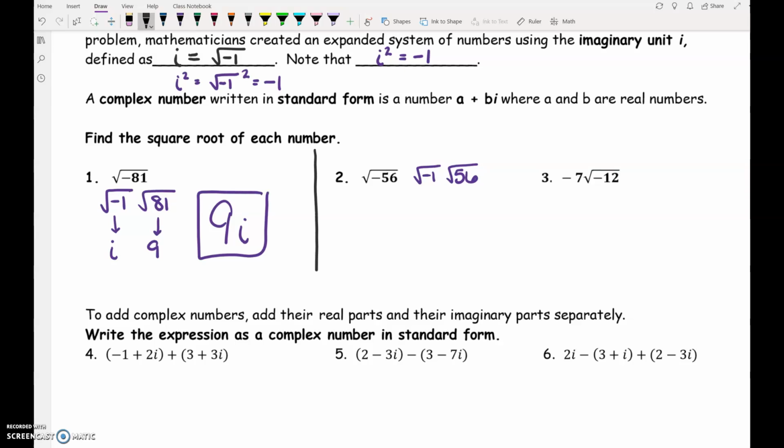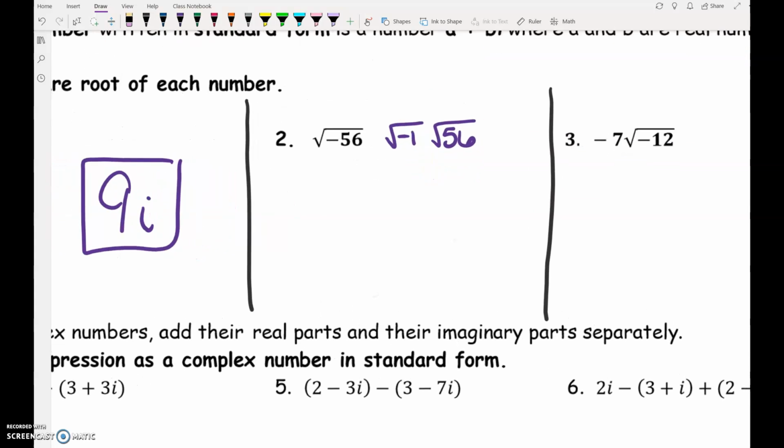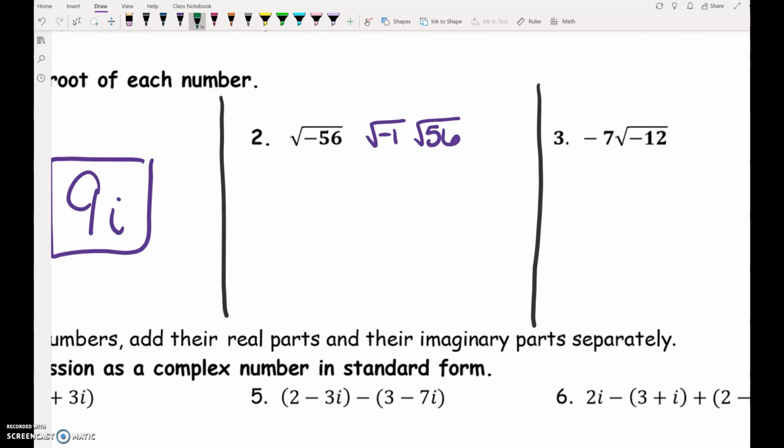Then think about how we could split up 56, using our perfect squares. 56 divided by 25 is a decimal. 56 divided by 16 is a decimal. 56 divided by 9, decimal. 56 divided by 4 is 14.